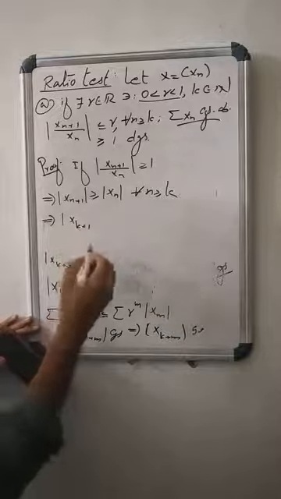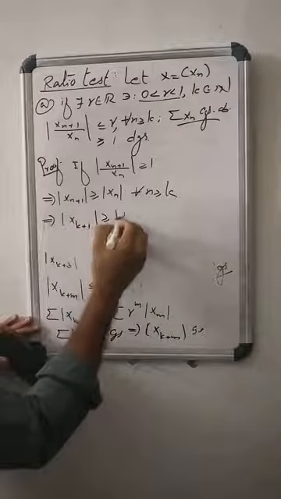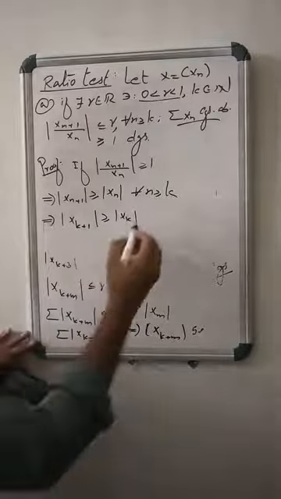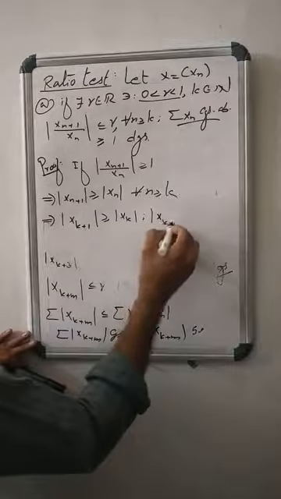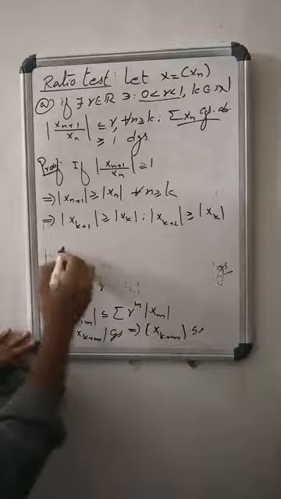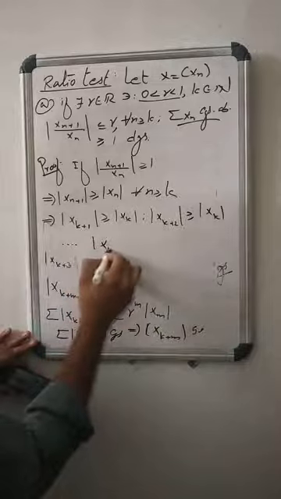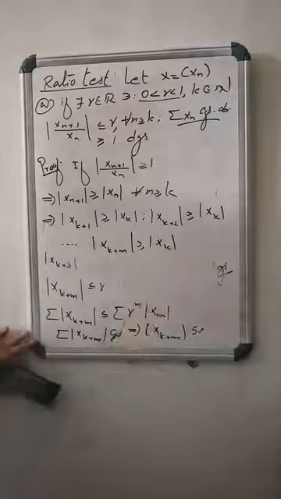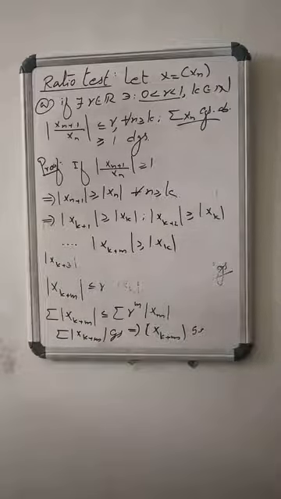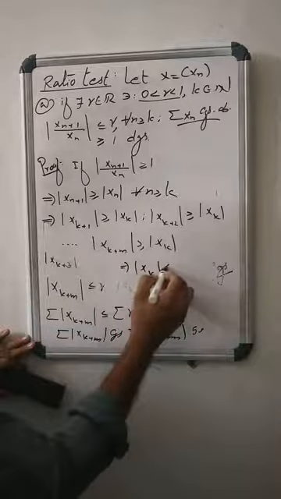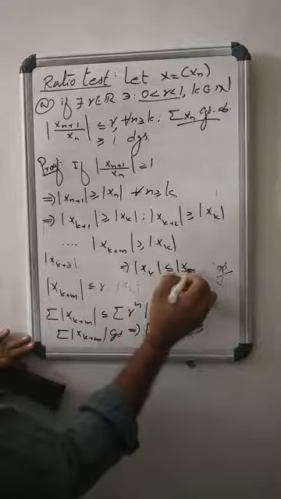Choose n equals k: modulus of xk+1 is greater than or equals modulus of xk. Great. What is modulus of xk+2? Modulus of xk+2 is greater than or equals modulus of xk. Proceeding like this, modulus of xk+m is greater than or equals modulus of xk, that means modulus of xk is less than or equals modulus of xk+m.